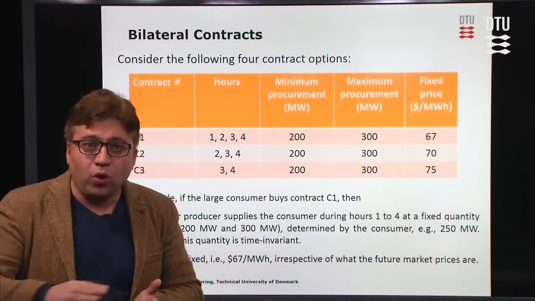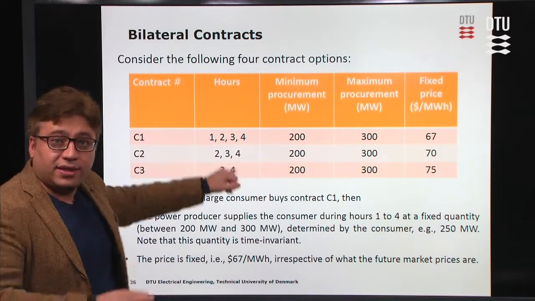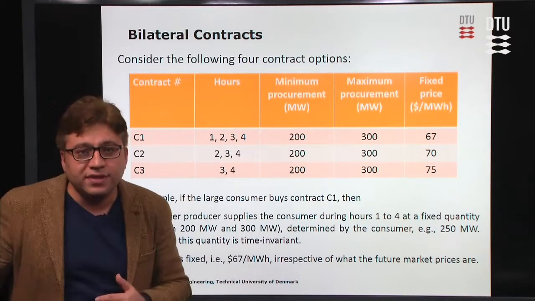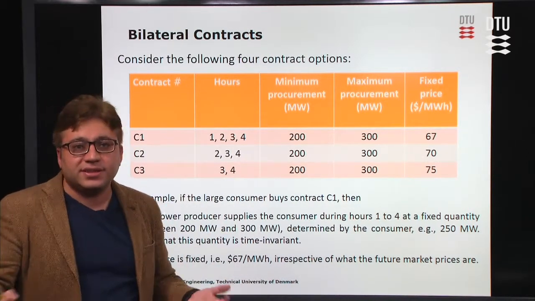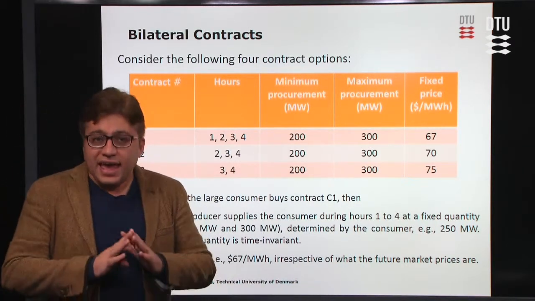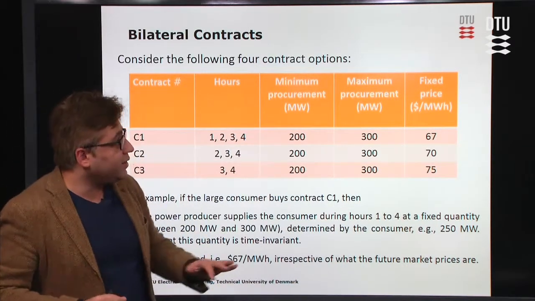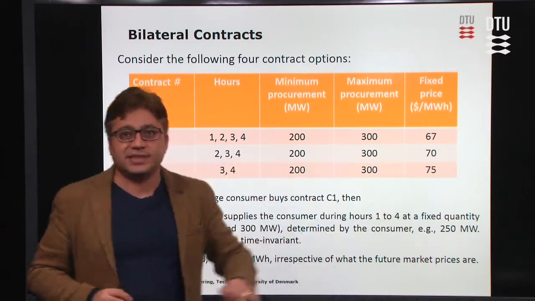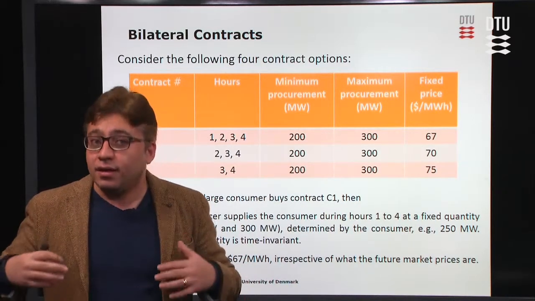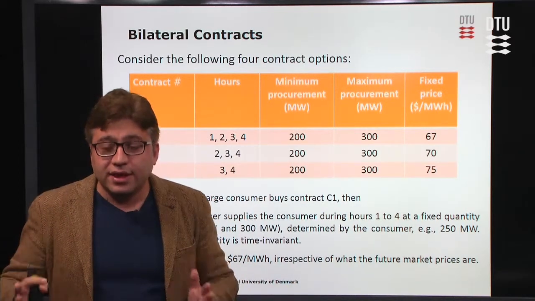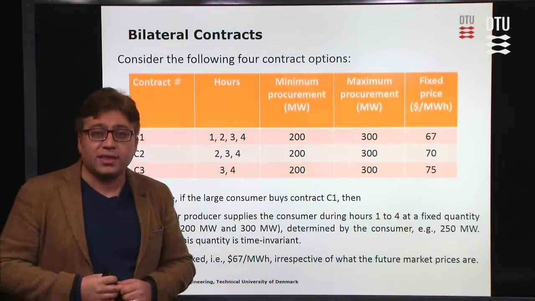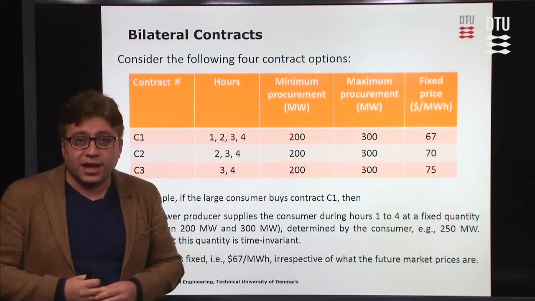It means that in all 4 hours it's fixed. It cannot be 250 in the first hour and 230 in the second hour. And at any hour, the fixed price is 67, irrespective of the market price. The price of this contract is $67 per megawatt hour.